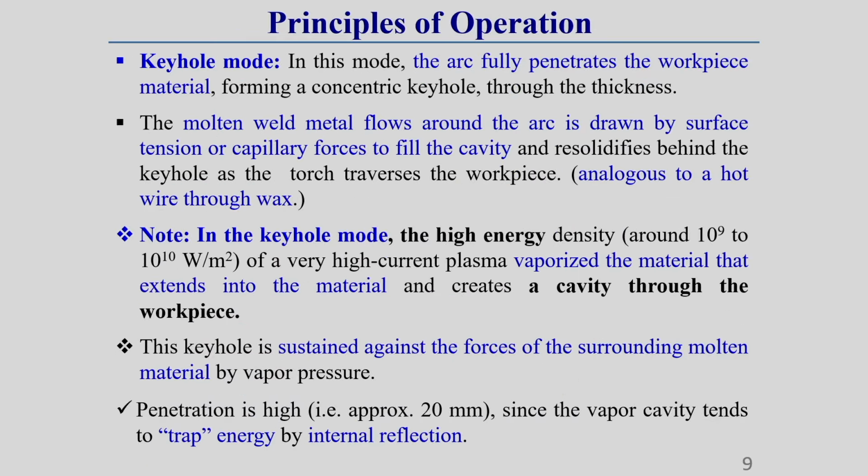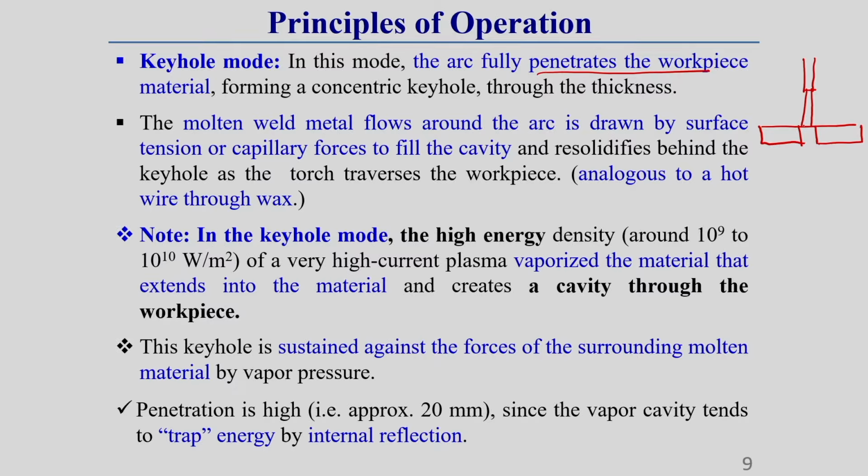So, the second mode is called keyhole mode. In this mode the arc fully penetrates the workpiece. This is the workpiece, this is the electrode, and between the electrode and the workpiece the constricted arc comes. Here a through thickness hole is developed, a through thickness penetration.